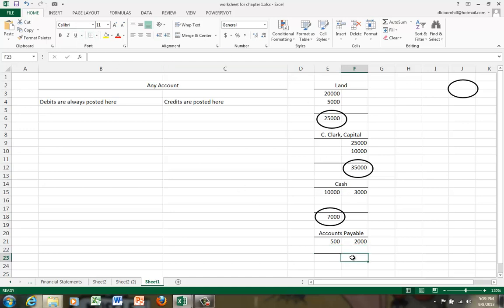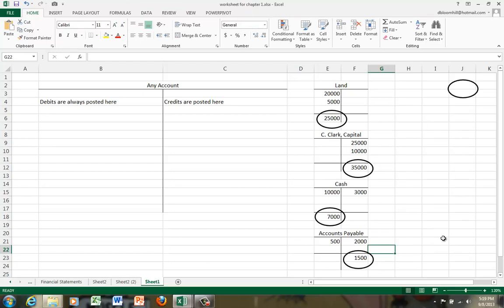So in this case, in the accounts payable, we would take the $2,000 credit, and again, it helps to know that with accounts payable, it's a liability, so the credit side means that we have more. Credit side means an increase. So we're going to increase the account by $2,000 and decrease it by $500, ending balance $1,500, and again, extremely important, it's not enough to say the ending balance is $1,500, it's $1,500 on the credit side.